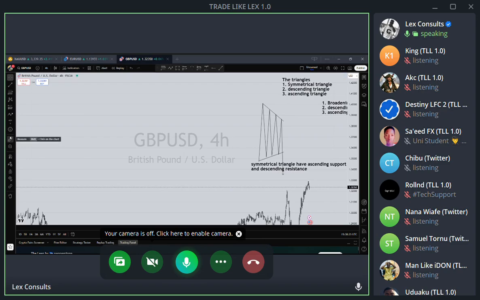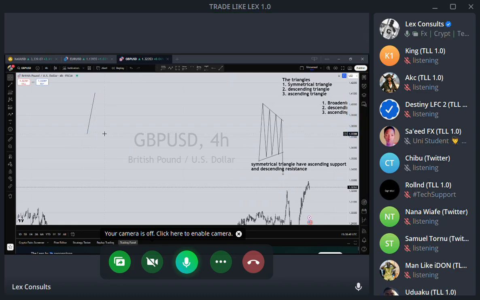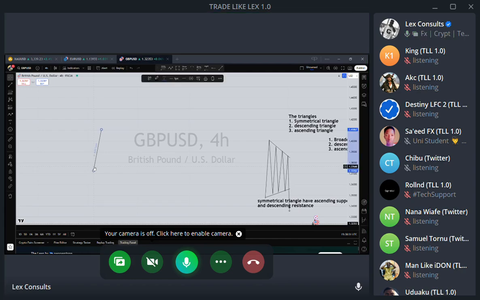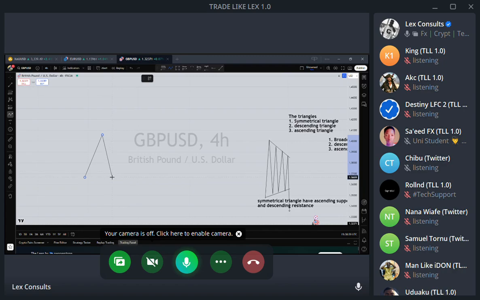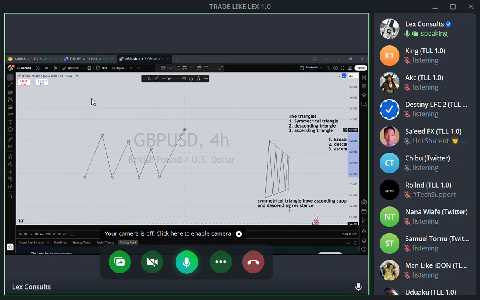Okay, so the next pattern is our descending triangle. The descending triangle has a descending resistance and horizontal support. So let's say something like this. Sorry, don't know what to show on my mouse. Something like this, and then it can break anywhere.